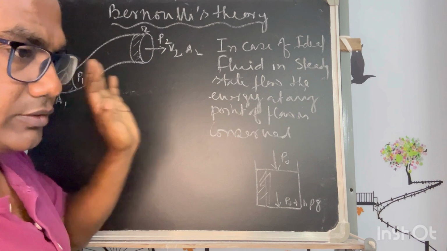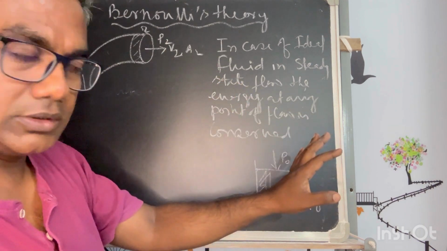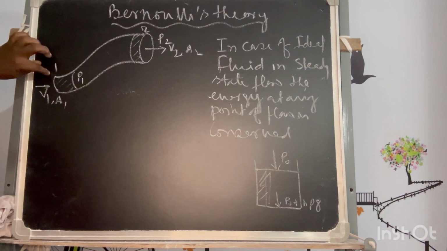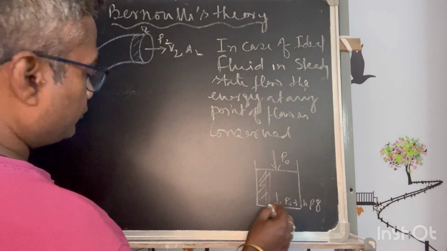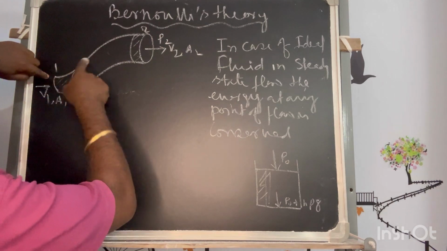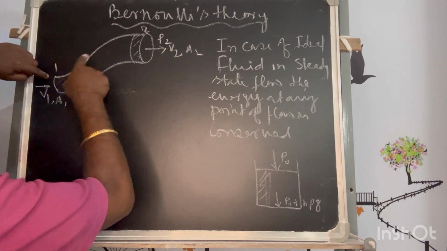It can be thrust into that conduit so that the pressure here is more, and due to that there is a possibility of flow.